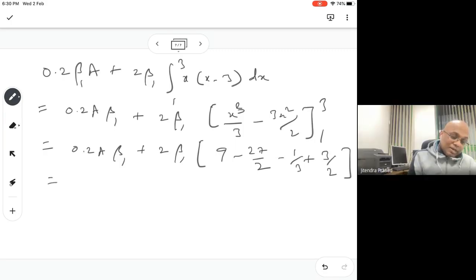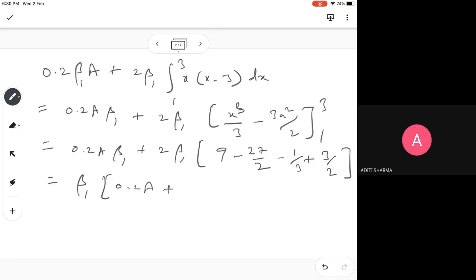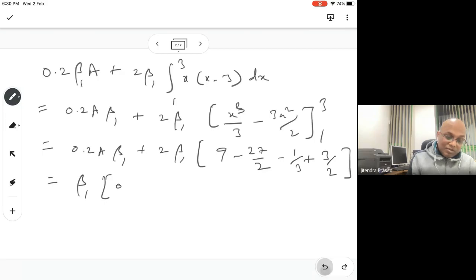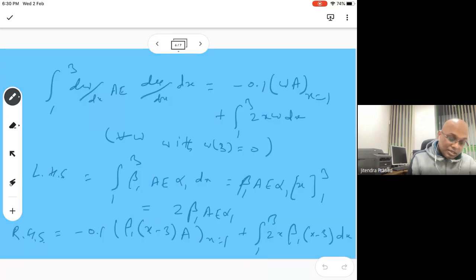Okay, so we can have the beta 1, which is common, 0.2 A plus rest is this one. We have to work out the value. Anyway, the answer, you know that. Minus 10 by 3. Yeah, you can work out the answer. So I will write like this.